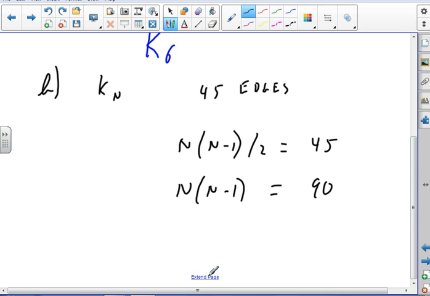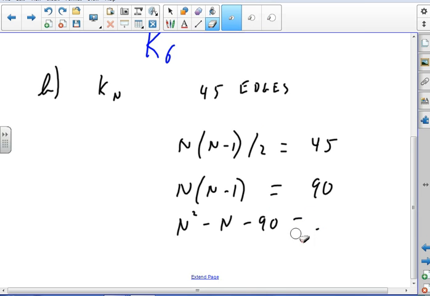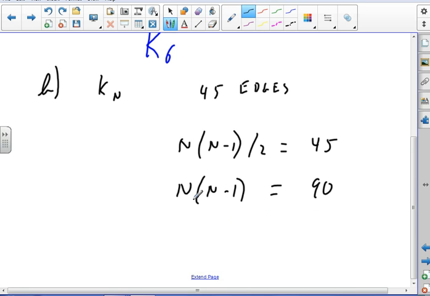So what the heck is that? n squared minus n minus 90 is 0, and we can factor it. That looks like too much work. Okay, some number times some number 1 less. I'm going to go 10 times 9 is 90, so n is equal to 10. K10.